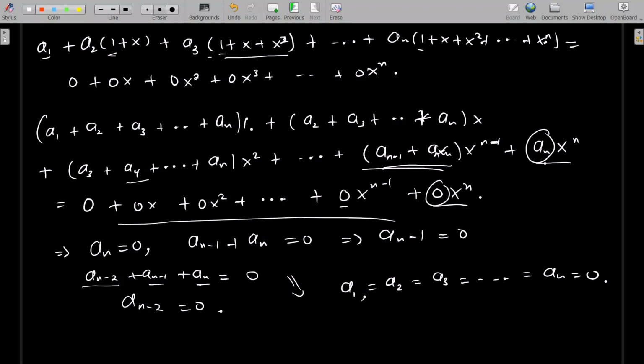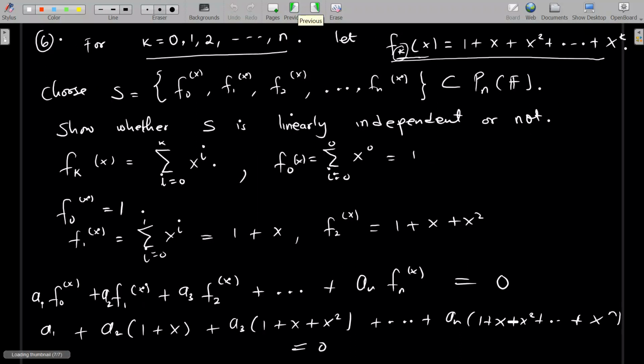So through this we can conclude that indeed this set S is linearly independent because all the coefficients of the scalars we are dealing with here give us 0.